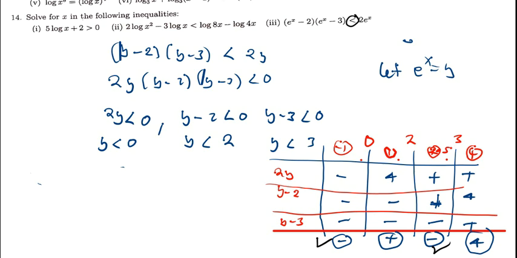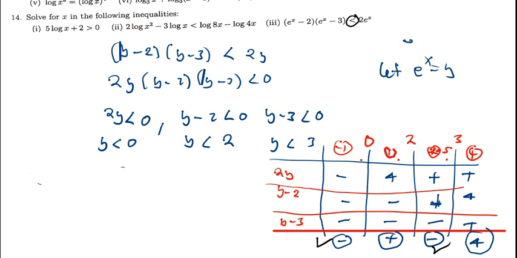So it's going to be y is less than 0, and also y is less than 2, then also less than 3. So it's more like I'm getting 2 to 3.